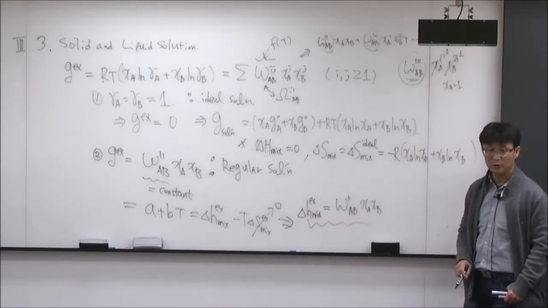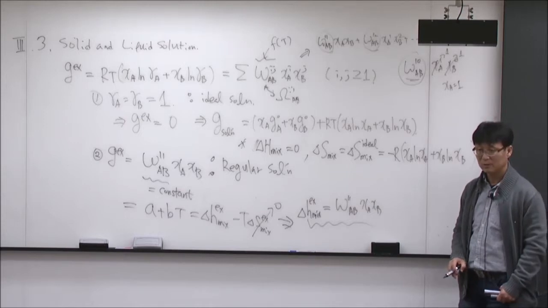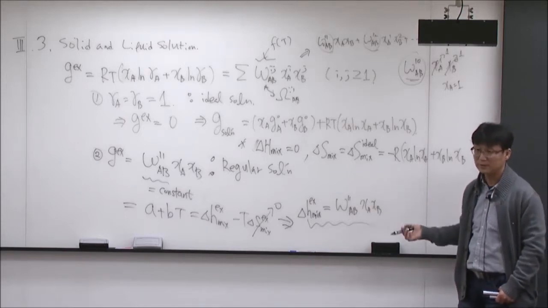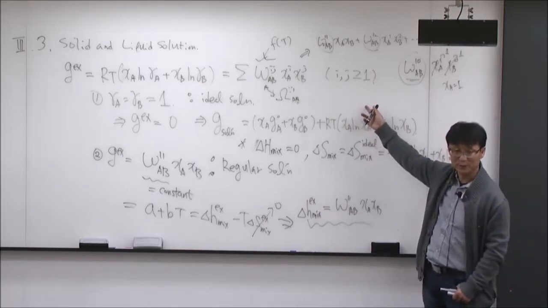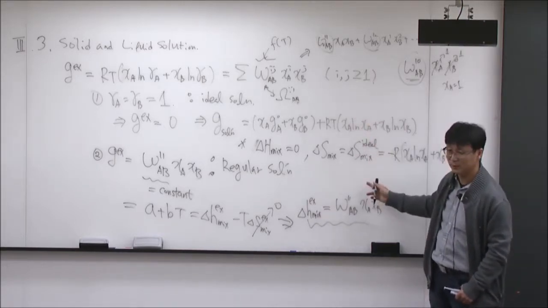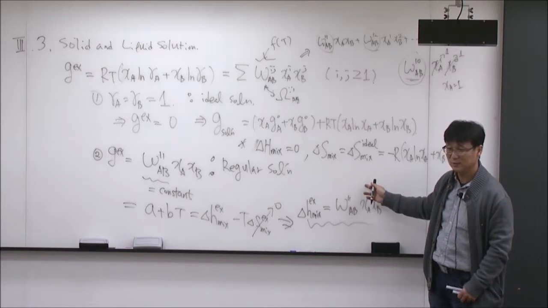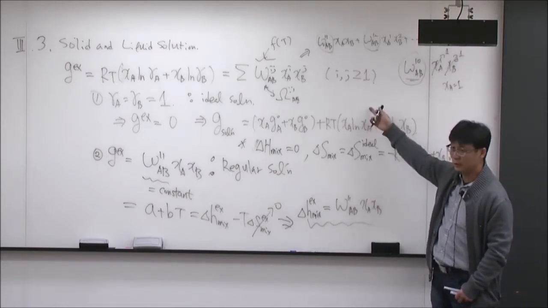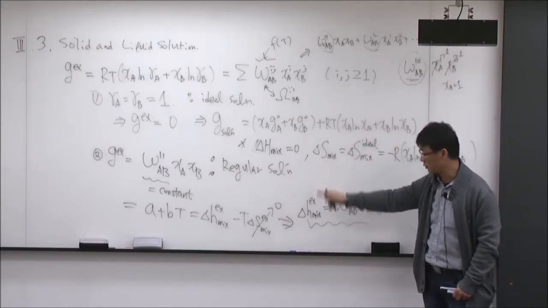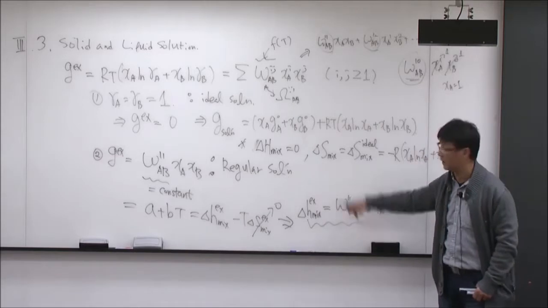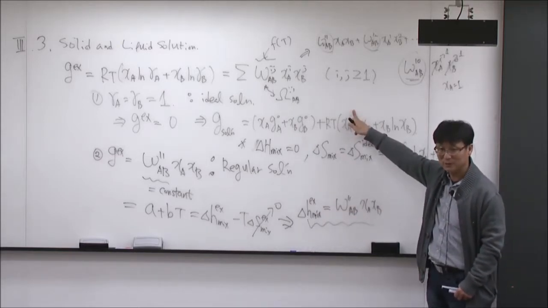So this is a regular solution. So it's a special case. Okay? So ideal solution is a very, very special case, and this is also another very, very special case. So ideal solution is a subset of regular solution actually. When in a regular solution omega is 0, then it becomes an ideal solution.